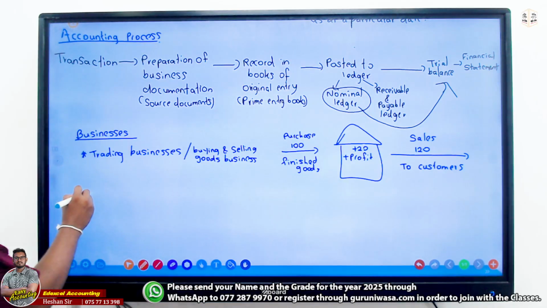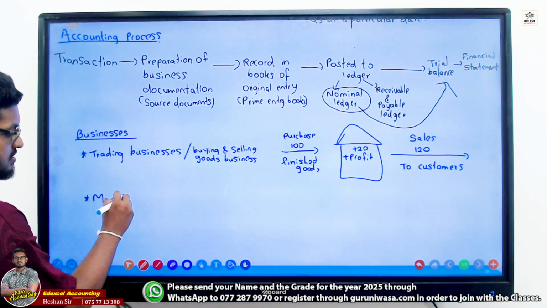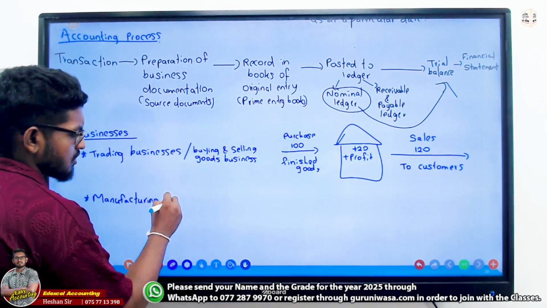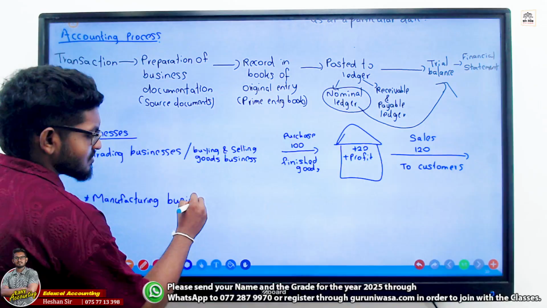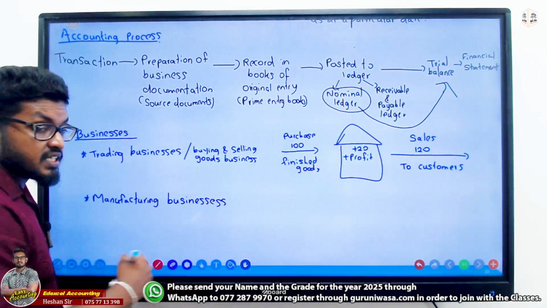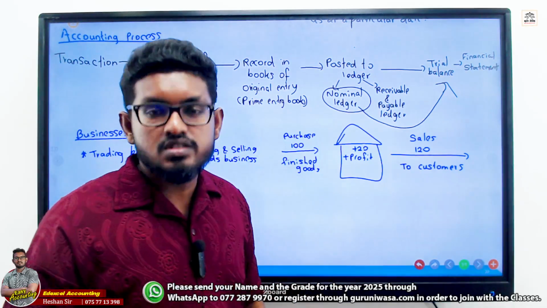Then after that, there can be manufacturing businesses. What is the term called manufacturing business? They purchase materials and there is a manufacturing process.